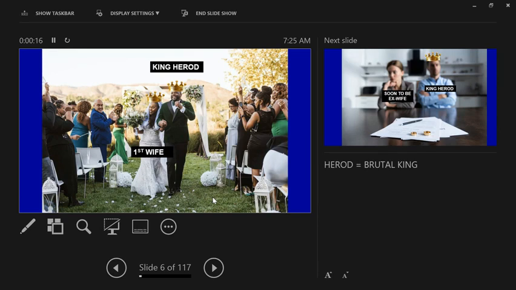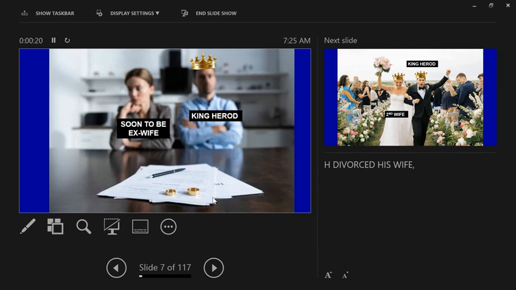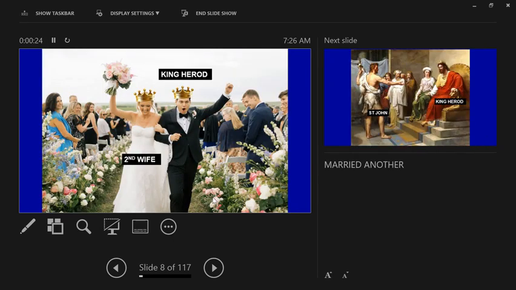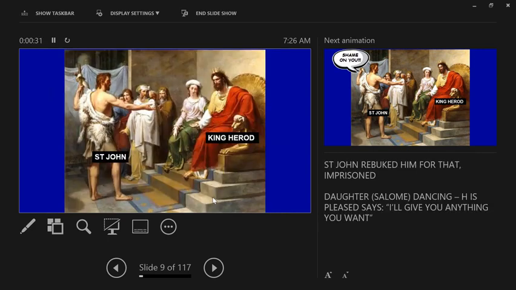King Herod gets married, has a lovely wife, but soon he gets tired of her and he divorces his wife. And then he gets married again to a second wife. Now, this is not very Christian of him, and St. John berates King Herod for being flippant about marriage, that he's not taking marriage seriously.